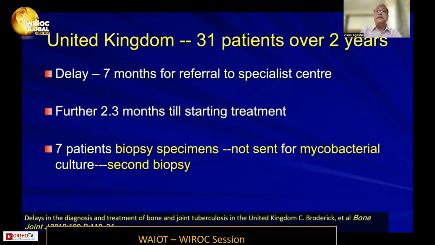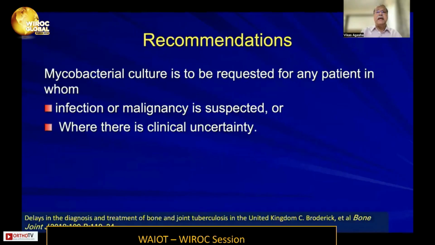There was a delay of 7 months for referral to specialist center and a further delay of 2.3 months till starting treatment. But the most noteworthy fact was that in 7 out of 31 patients, the biopsy specimens were not sent for mycobacterial culture and they needed a second biopsy. So that is very, very important.